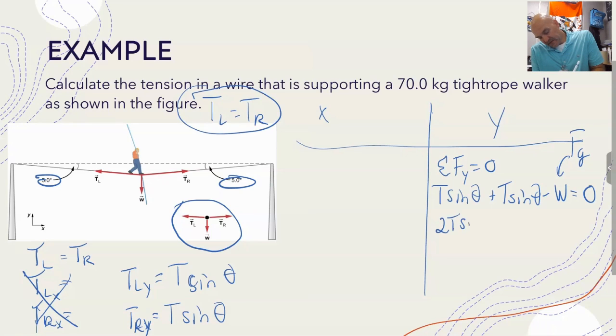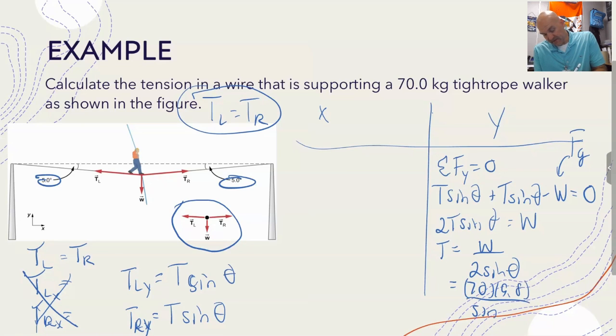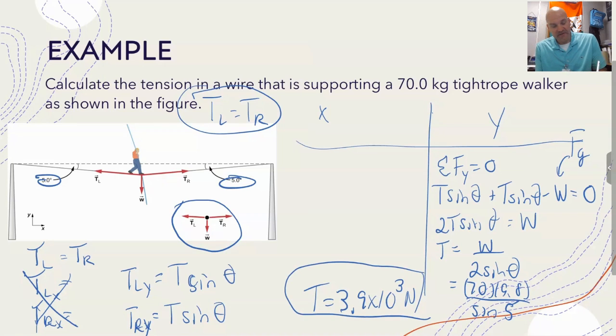So I have 2T sine theta equals W, and so T is going to be equal to W over 2 sine theta, and that's going to equal 70 times 9.8 divided by sine 5, and you would find that the tension is equal to 3.9 times 10 to the 3 newtons. So TL and TR, you got basically 3,900 newtons here in each string.